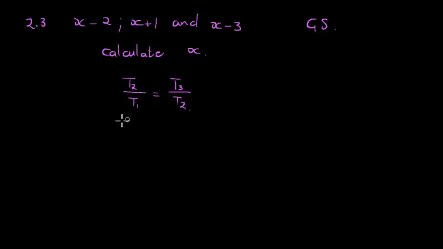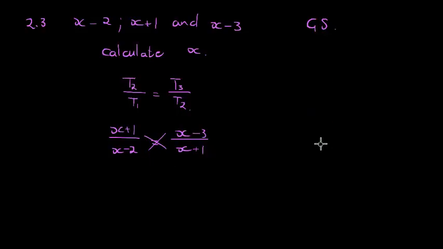Excellent. So term 2 is x plus 1, term 1 is x minus 2, is equal to term 3 over term 2. Sorry, that's a plus. Then we solve for x. How do we solve an equation that looks like this? Excellent. So we cross multiply.